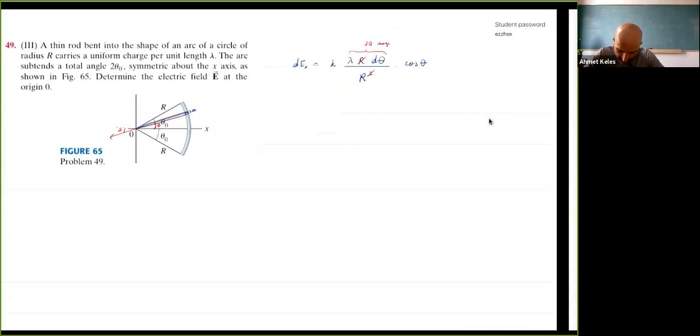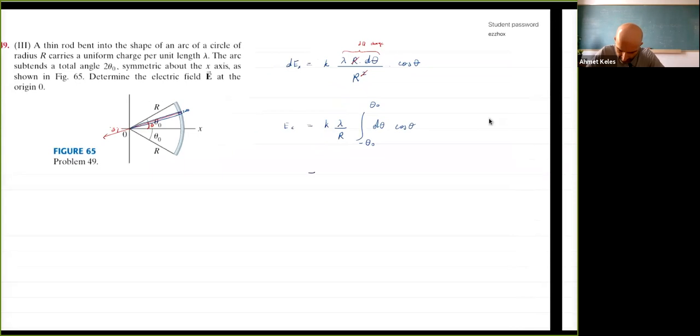So we can just take them out. Ex is equal to k lambda divided by r, integral d theta cosine theta. And the integral limits are minus theta 0 to theta 0.